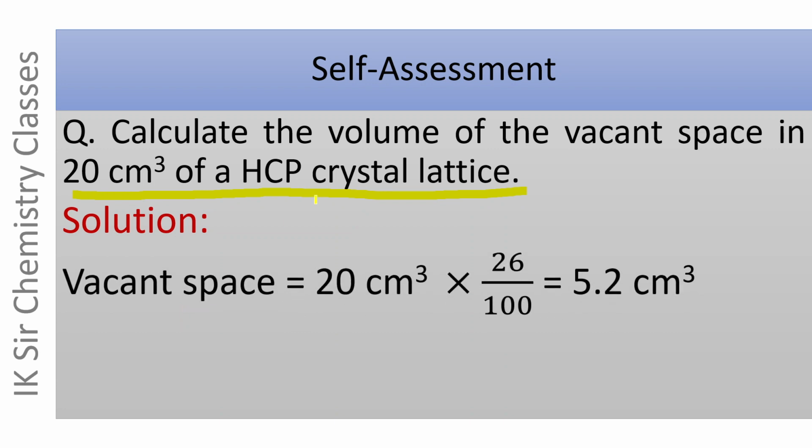Vacant space in HCP crystal lattice is equal to volume of crystal lattice multiplied by 26 and divided by 100, because the percentage void in HCP unit cell is 26%. 20 centimeter cube into 26 by 100, and it is equal to 5.2 centimeter cube. The volume of the vacant space in 20 centimeter cube of a HCP crystal lattice is equal to 5.2 centimeter cube.